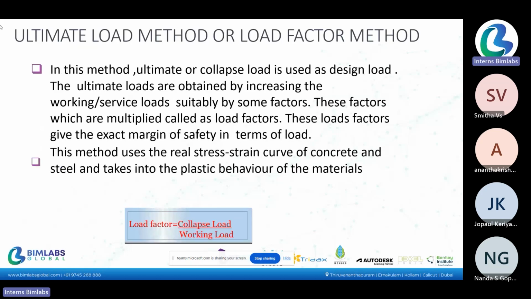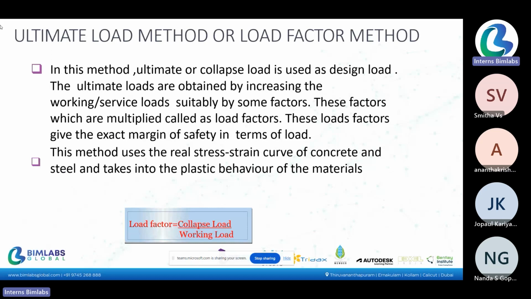And next is the ultimate load method, or we can say another name, the load factor method. In this method, the ultimate or collapse load is used as the design load. The ultimate loads are obtained by increasing the working or service loads by some factors.